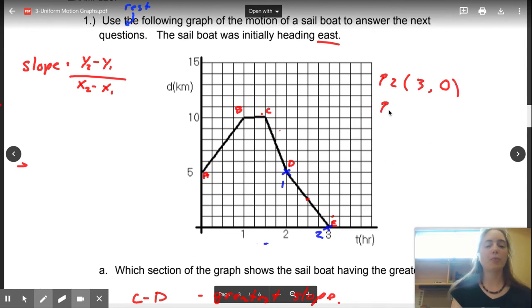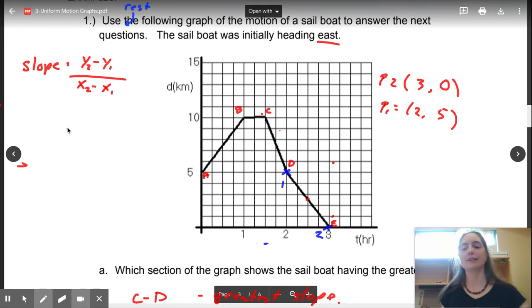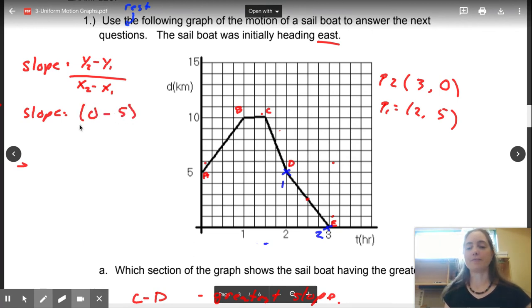My point 1, which is this one, has y is 5, and x is 2. Those are the 2 points I've selected. Now, when I calculate my slope, I need y2, so that would be 0 minus 5. I then divide by x2, which is 3 minus 2. So our slope is going to be negative 5 over 1.